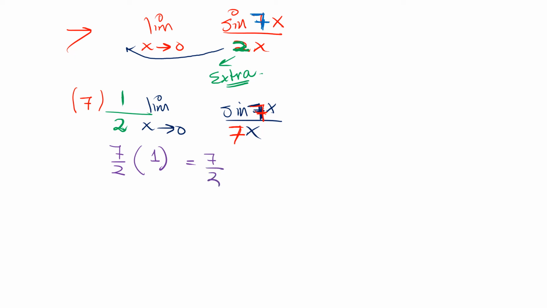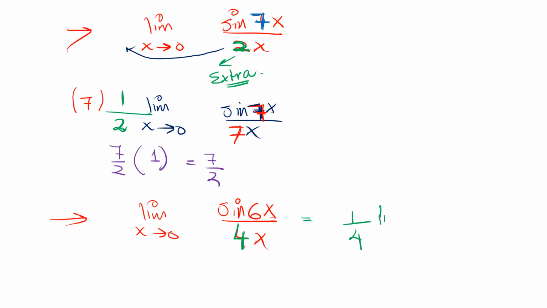Let's take one more example to clear other doubts. What will you do if you have limit x approaches 0 of sine 6x over 4x? Now ask yourself, do I have some extra thing? Yes, I have some extra thing, that is 4. So bring this 4 outside. You will get 1 over 4 times limit x approaches 0 of sine 6x over x.